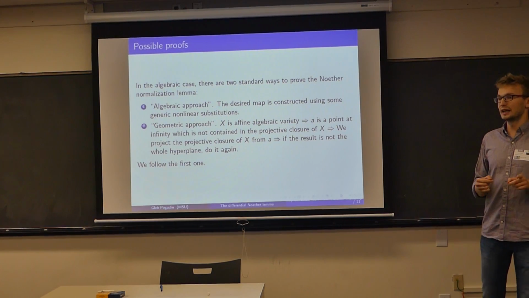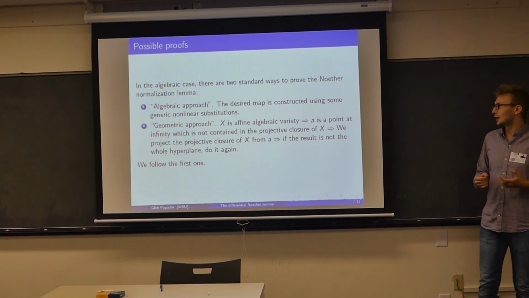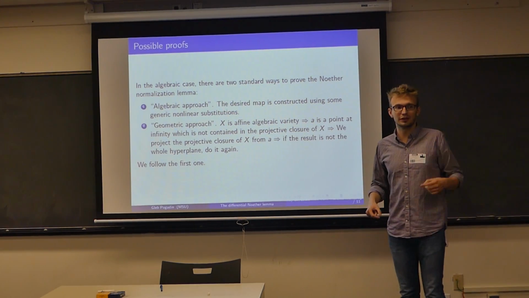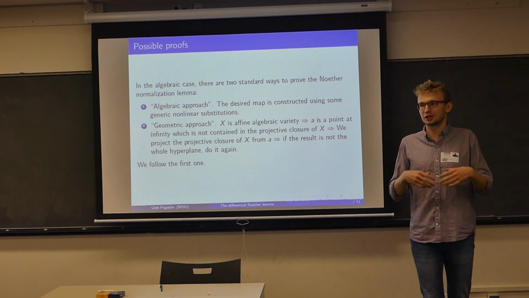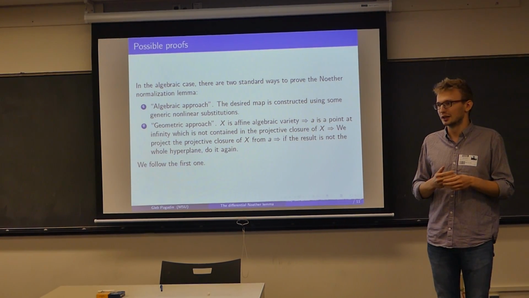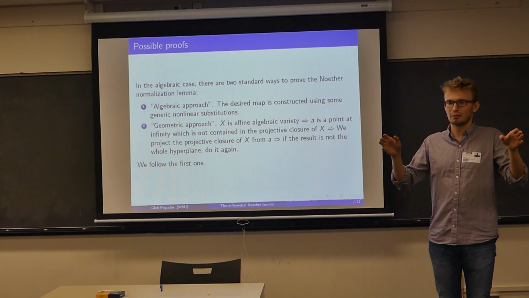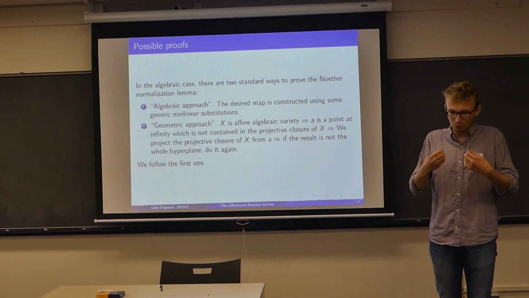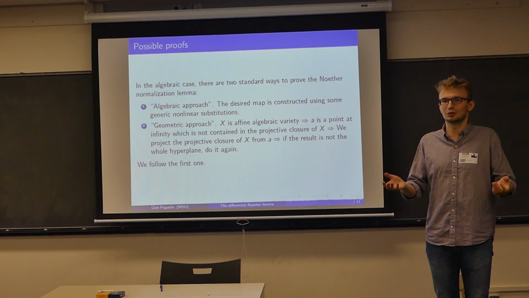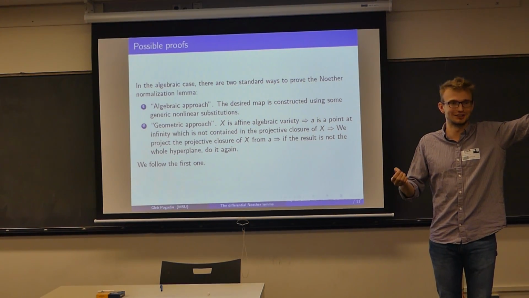The point is that in the differential case, there are two big problems with this approach. The first big problem is that when you take the projective closure of an affine differential variety, it can contain the whole infinity. Moreover, it almost always contains the whole infinity, so you can't fix a point for projection.